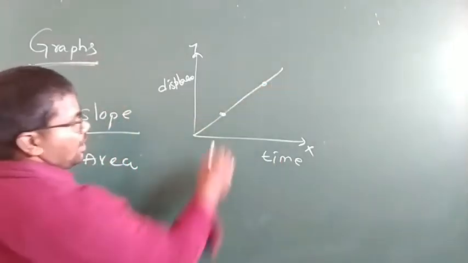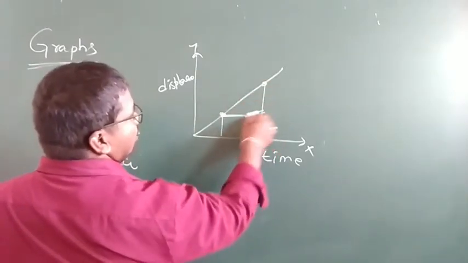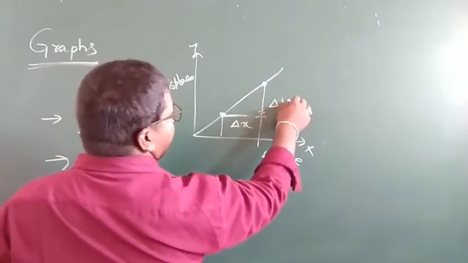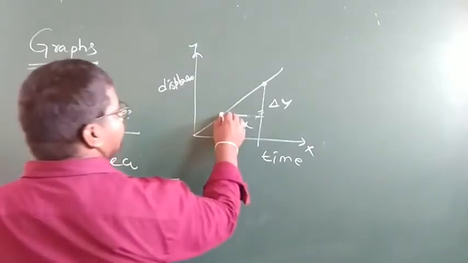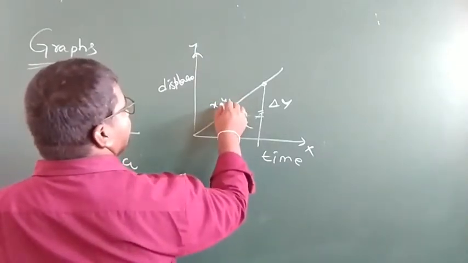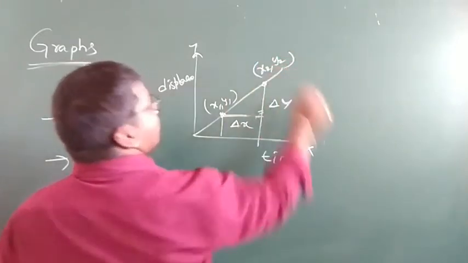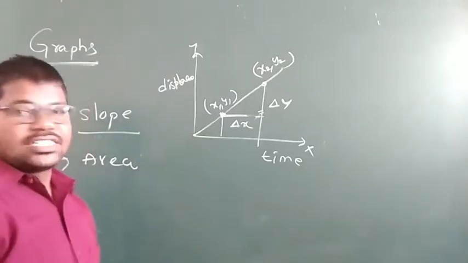We can draw the horizontal and vertical lines. Here it is denoted delta x, and this is denoted delta y. This point is x1 comma y1, and this is x2 comma y2. According to mathematics, I will explain.